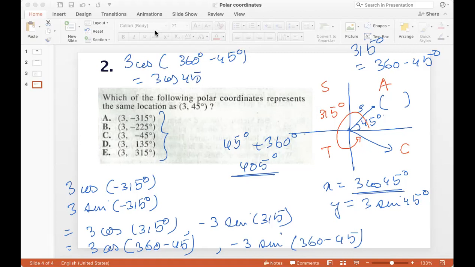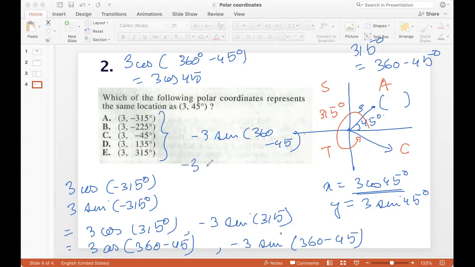And when I write minus 3 sine of 360 minus 45, then I notice that sine of 360 minus 45 will be nothing but minus sine 45, right? Because in the fourth quadrant, sine is negative.